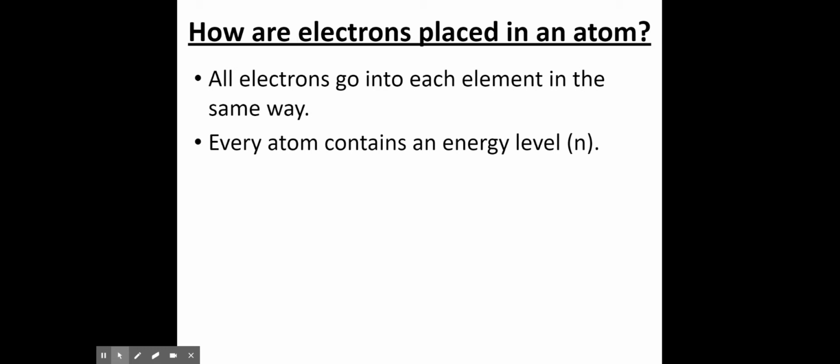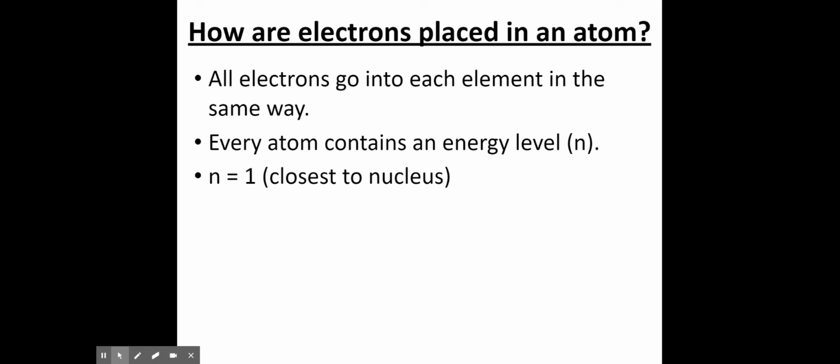The very tippity top of the periodic table has two elements in it, hydrogen and helium. That is the n equals 1 principal energy level. The entire row below it is n equals 2, and below that, n equals 3, and so forth.